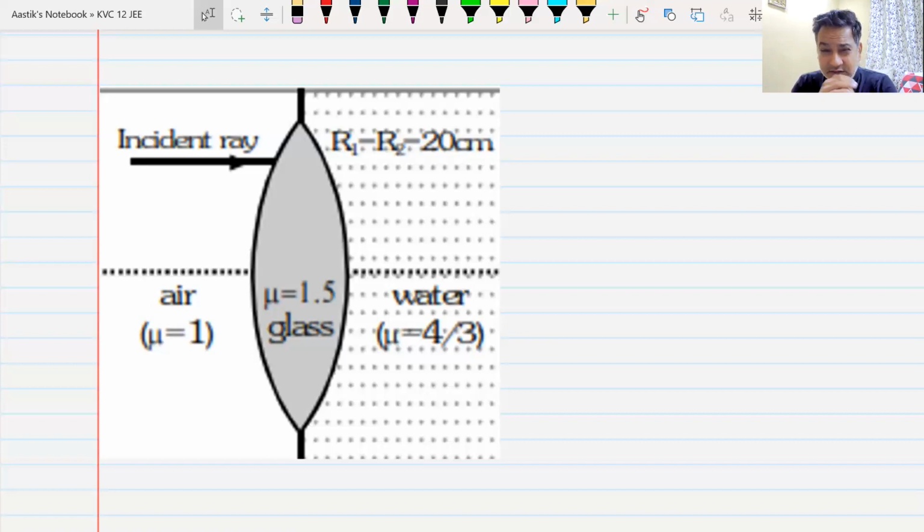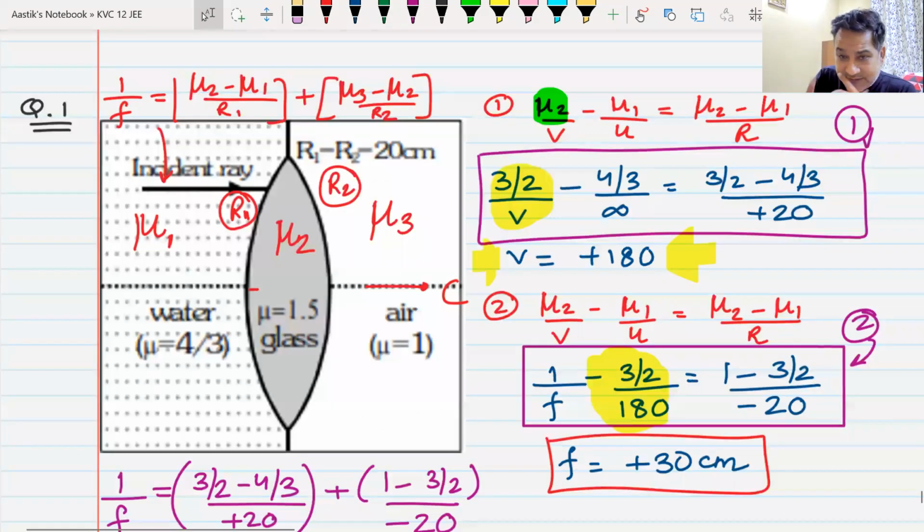But the answer is different. It has to come different. Sir, 60, sir. Is it coming same as 60? Before it was 30, sir. Now it's 60. No, that is not the problem. The answer has changed, I'm saying, sir.